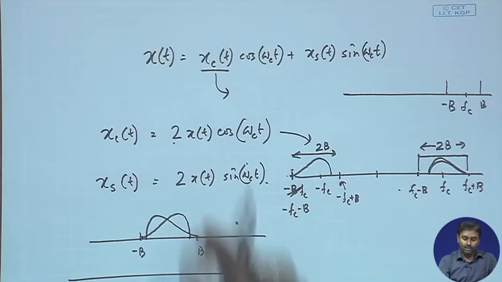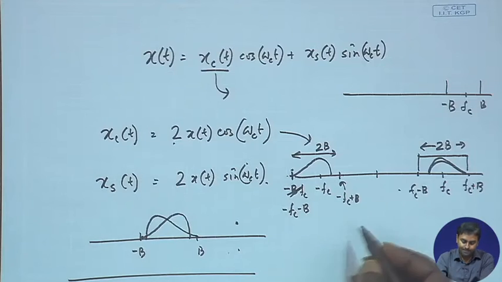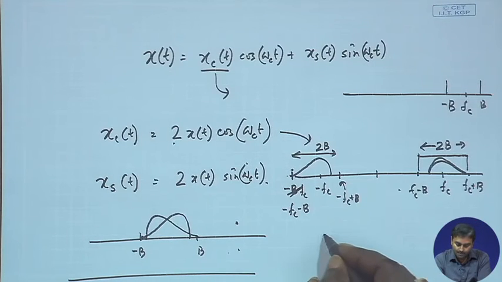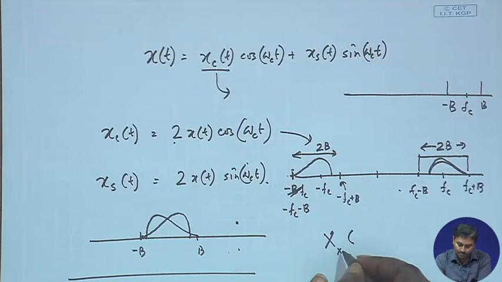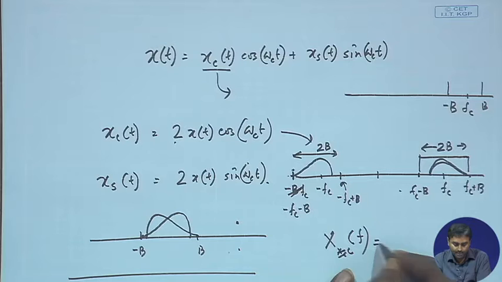Okay. So, if I just take a Fourier transform of this, let us say xc or xcf, what should that be?